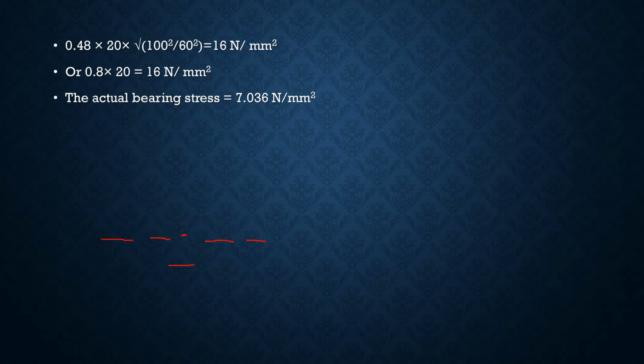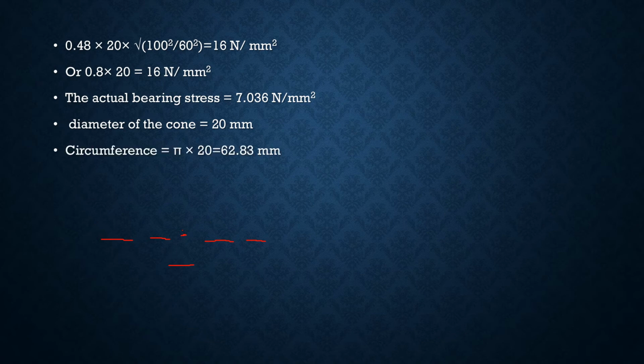From the question the diameter of the cone is 20 mm. The circumference of that cone is pi into d, is equal to 62.83 mm.